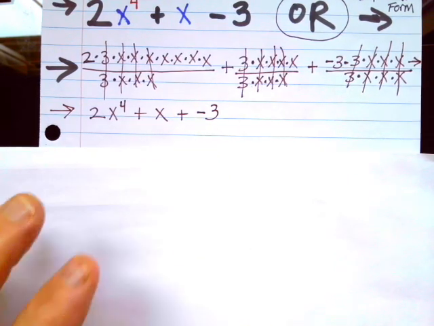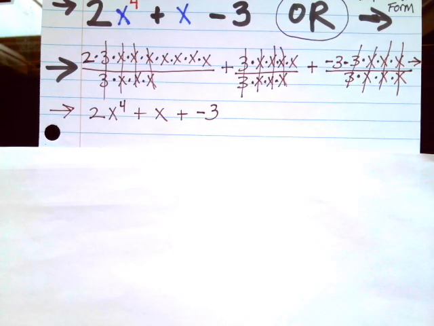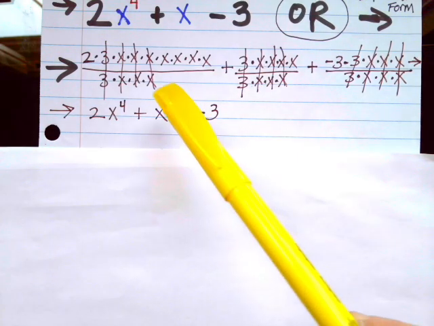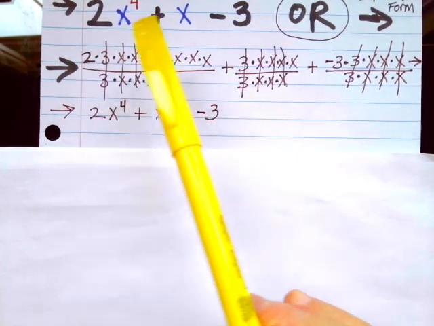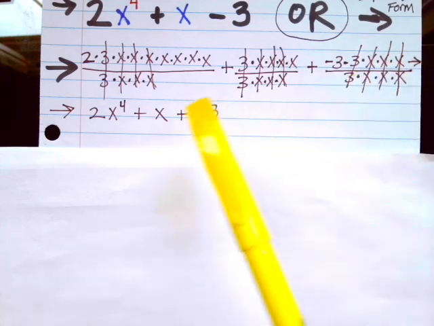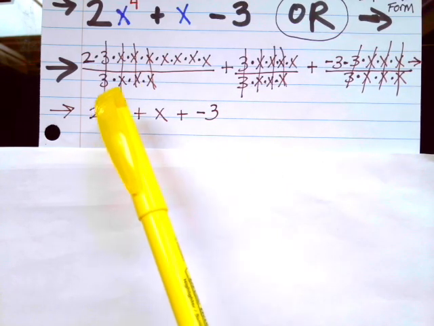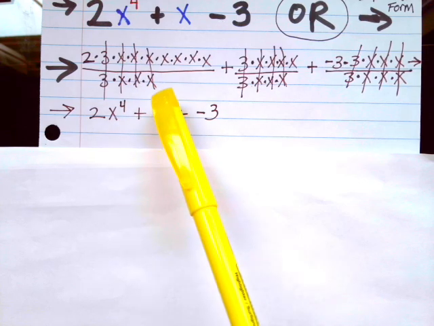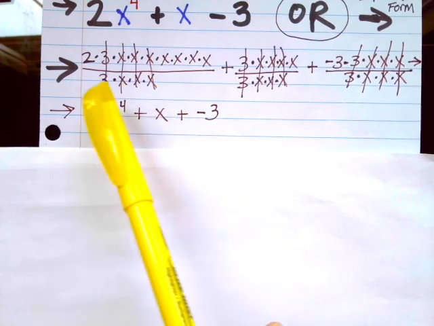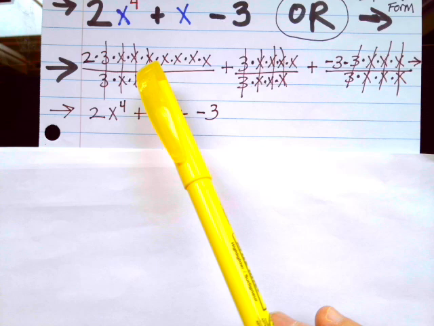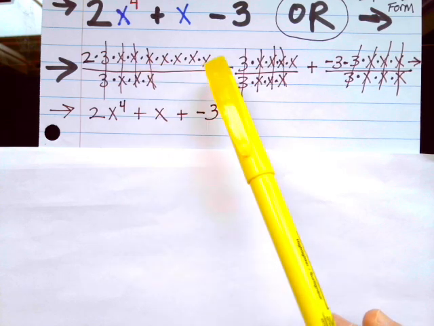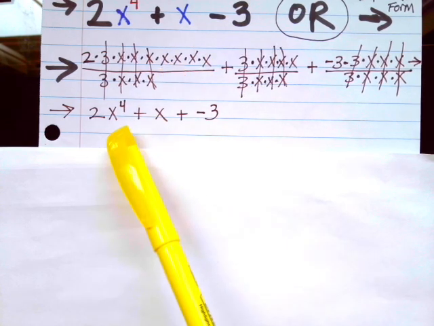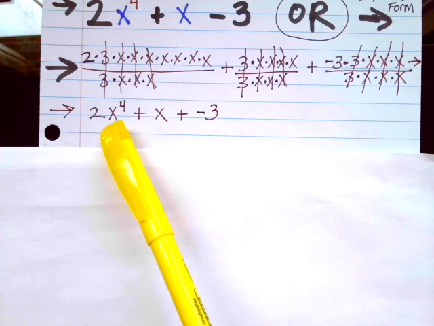So if you don't know the rule that you subtract exponent values when you divide, like we're doing here, you can write it in expanded form. And then anything over itself is 1. So 3 over 3 cancels. x over x cancels. x over x cancels, and x over x cancels to 1. 2 times 1 times 1 times 1 times 1x is 2x to the 4th power, which you see here, 2x to the 4th power.